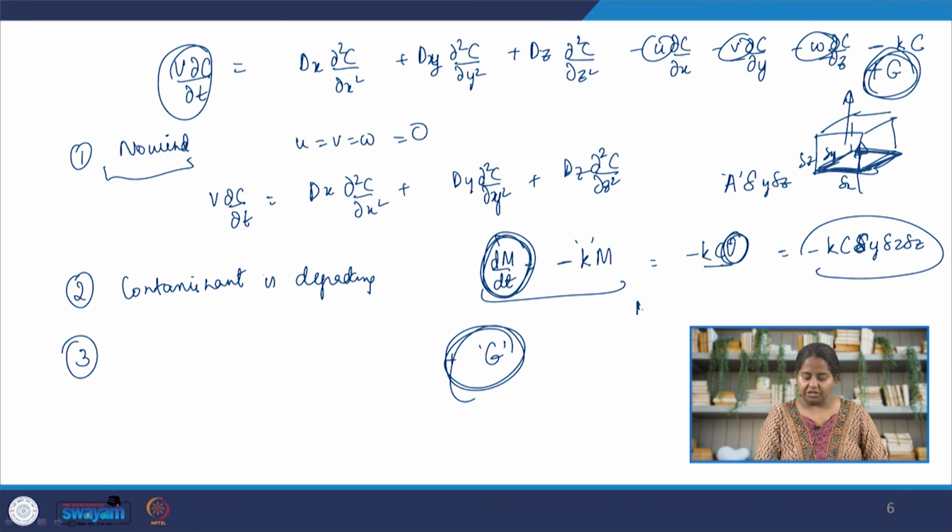For example, let's say we have a non-aqueous phase liquid, let's say oil, some kind of petroleum product that has seeped into the aquifer, or has been injected into the aquifer, and now it is degrading with a first order degradation constant. So we need to account for minus Kc. Of course, then we apply boundary conditions when we integrate. After we are done with integration, to find the integration constant, we apply the boundary conditions which are unique to the system, to the situation that we are dealing with.